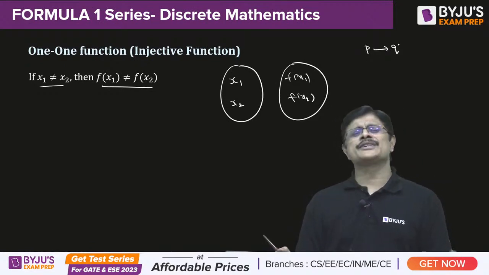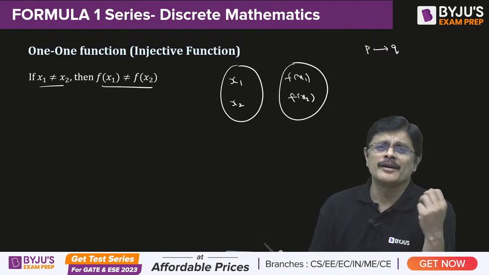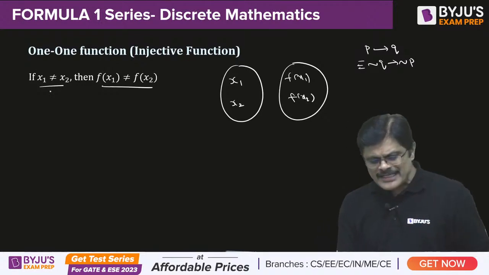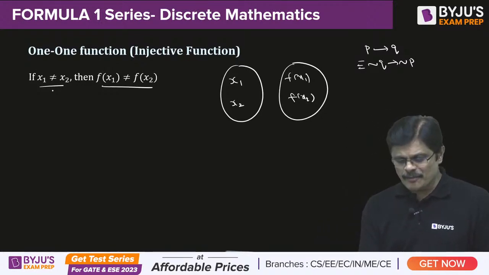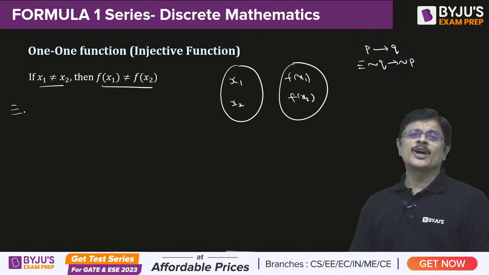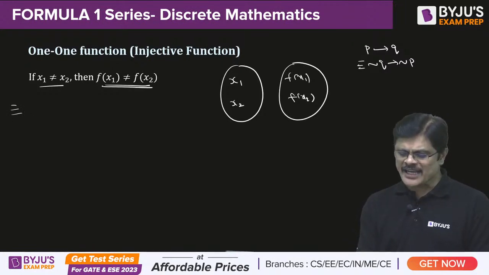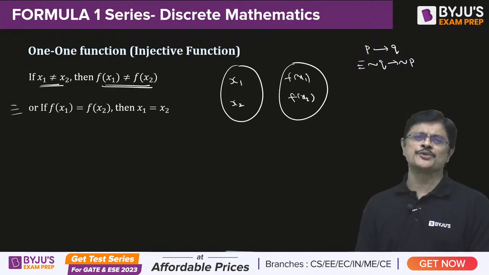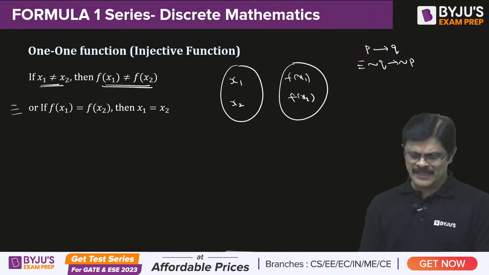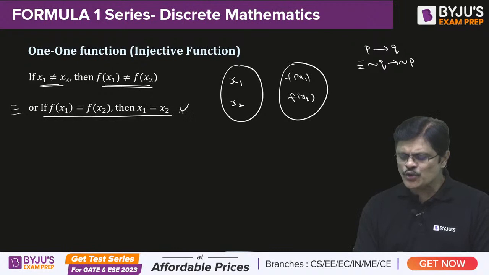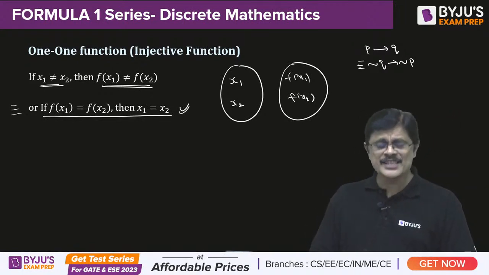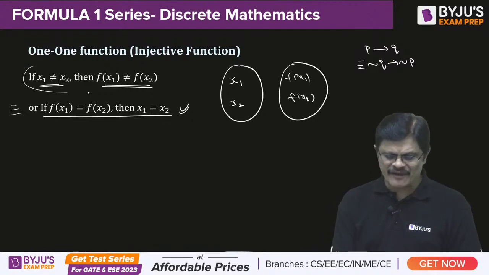Actually, in logic, we study this law of contrapositive. P implies Q is equivalent to negation Q implies negation P. So, what is the contrapositive for this? Contrapositive means negation of this implies negation of that. That is f(x1) equal to f(x2), then x1 equal to x2. So this is what we actually use to verify one-one or not, because it is easy to verify, whereas the original is very difficult.